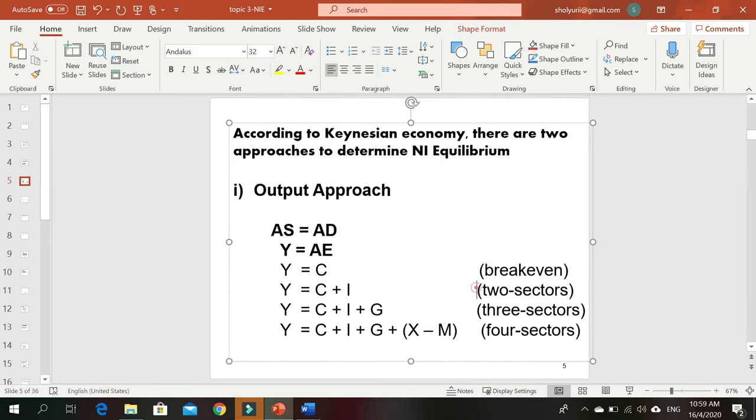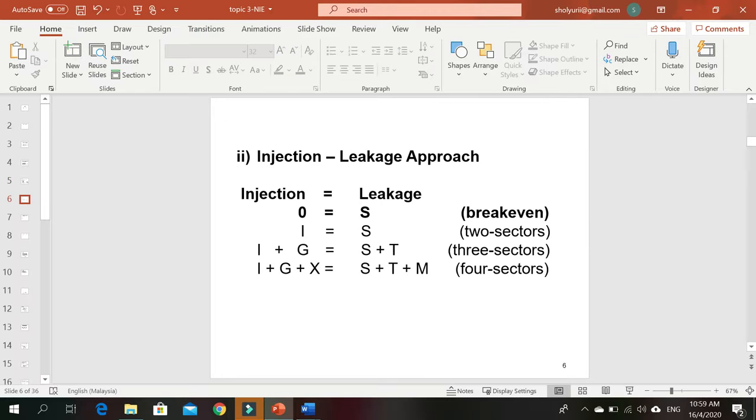So, kalau dia kata 2 sectors, maksudnya masa tu ada household dengan firm sahaja. Kalau dia kata 3 sectors, akan ada household, firm dan juga government. Kalau dia kata 4 sectors, maksudnya ada semua sekali. Household, firm, government and rest of the world. So, formula yang you akan pakai, depending on the soalan, dia bagi tahu berapa sectors masa tu. Okay. Untuk injection leakage pun sama juga. Formula dia akan berubah mengikut sectors.